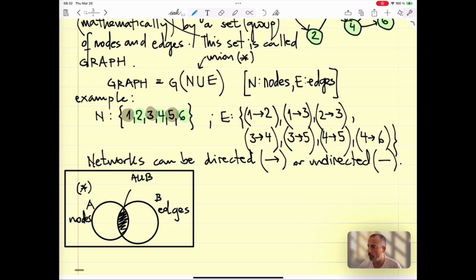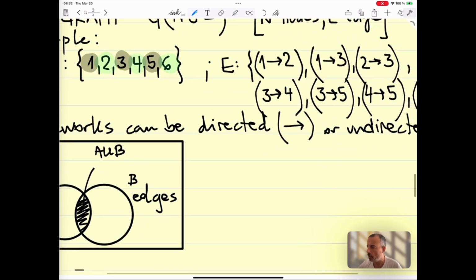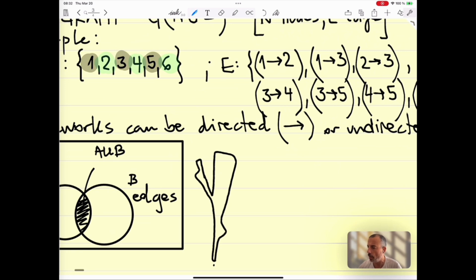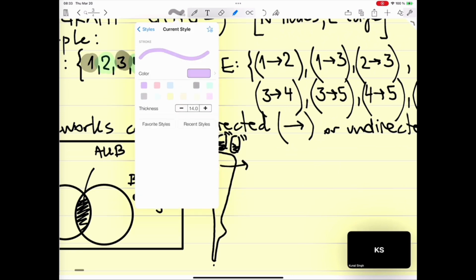I like to paint my little superhero here. I think that if the notes are funny and pretty, then it's more fun to learn. Some people, yeah, go ahead.